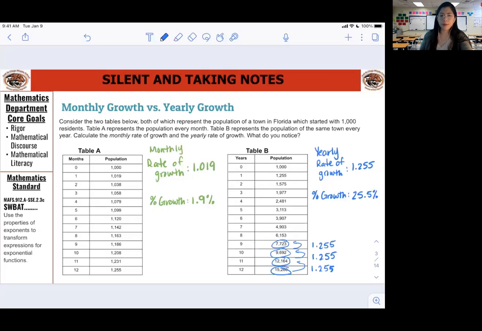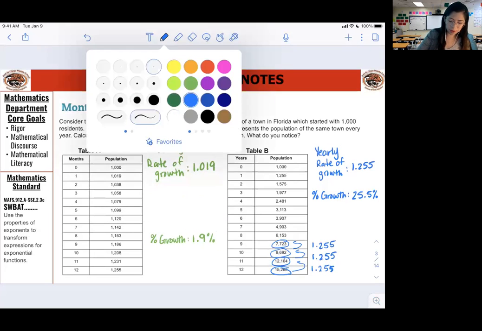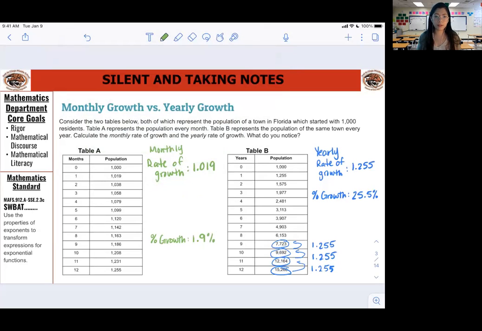I see a couple questions about the percentage, but I'll go over that in just a moment. Okay, so let me explain this percentage situation again, because I know a couple people are confused. If the rate of growth is 1.019, really what that's telling me is that it's 1 plus 0.019.